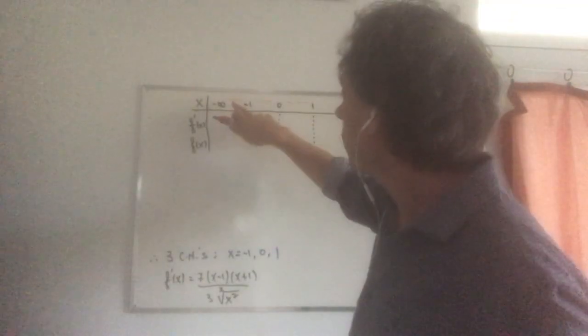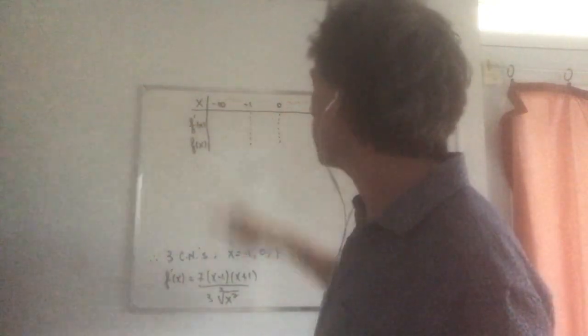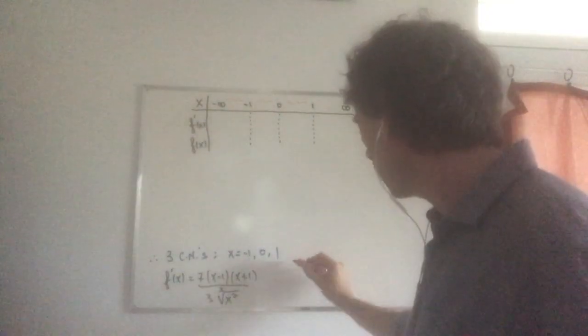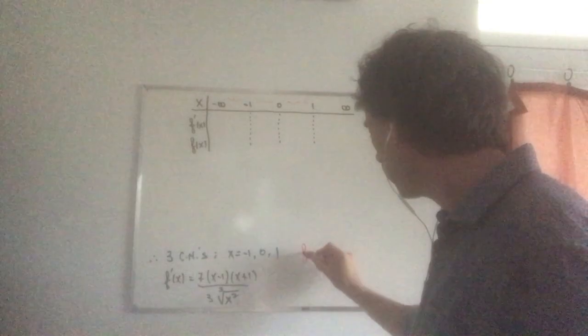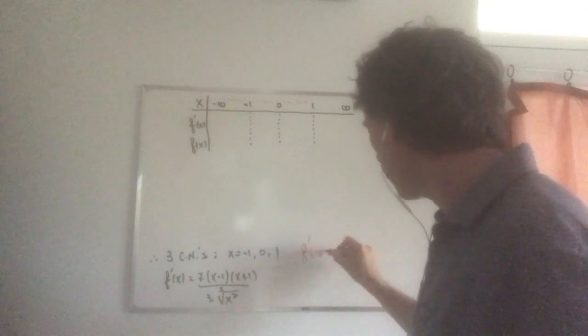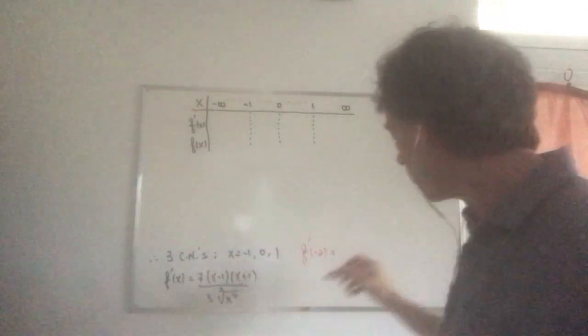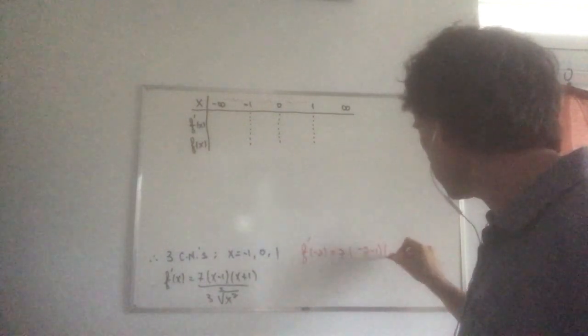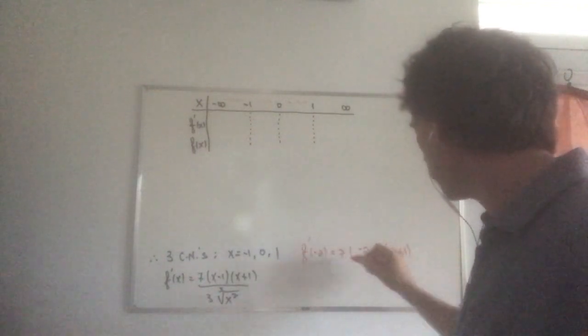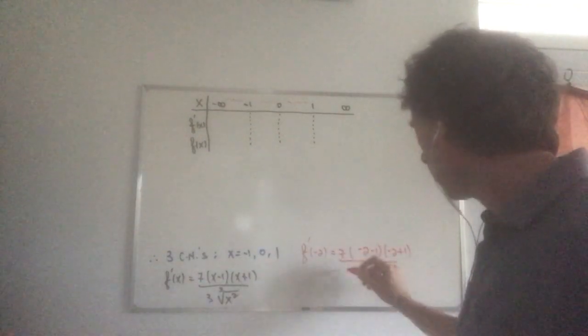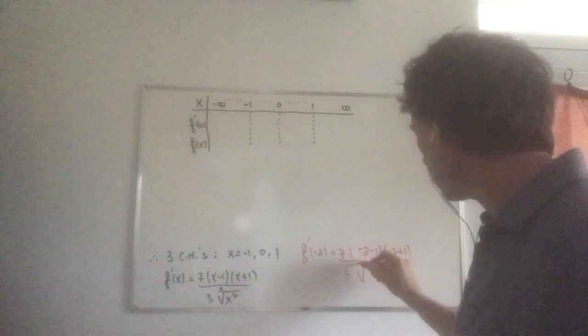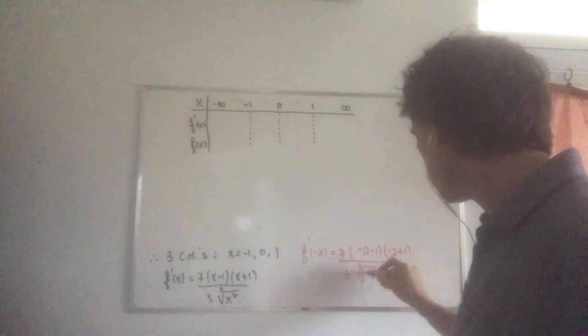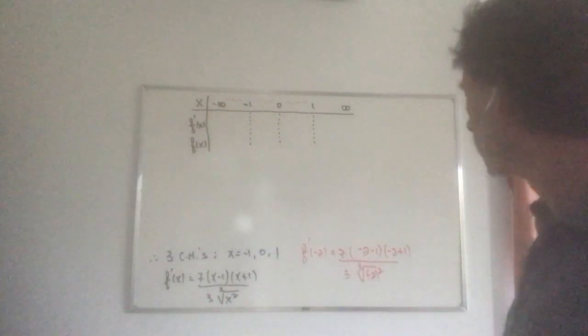Okay? So I don't know, between minus infinity and -1, let us put -2. So let's do it here, f prime of -2. So we're putting -2 into here, so 7 times -2 minus 1 times -2 plus 1 over 3 times the cube root of -2 squared.